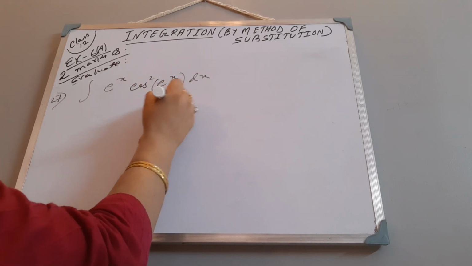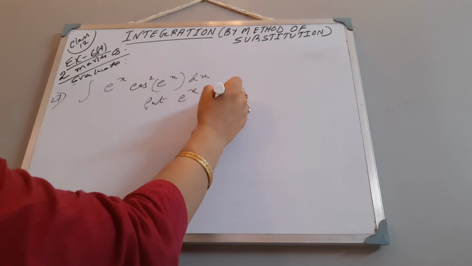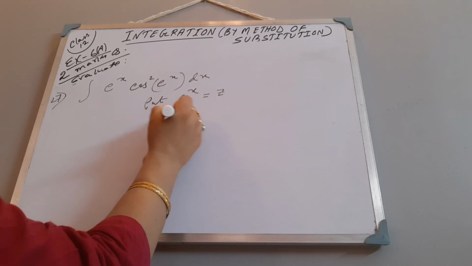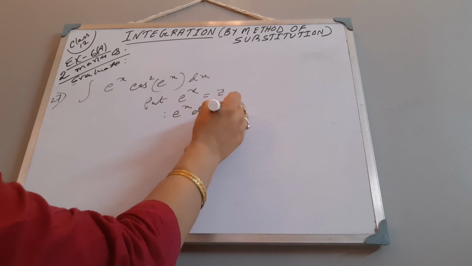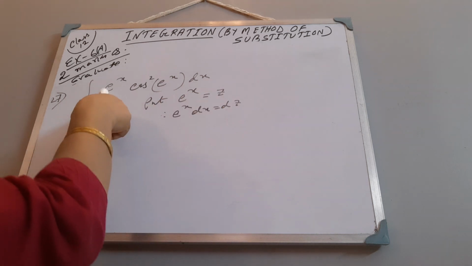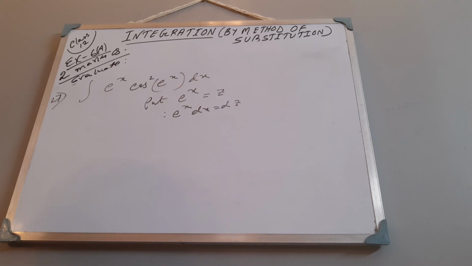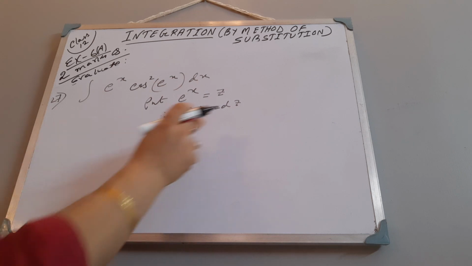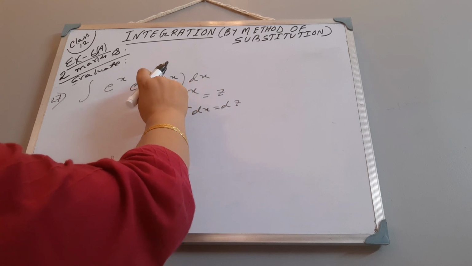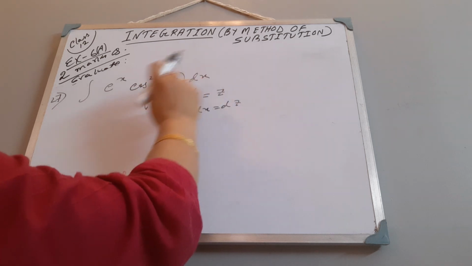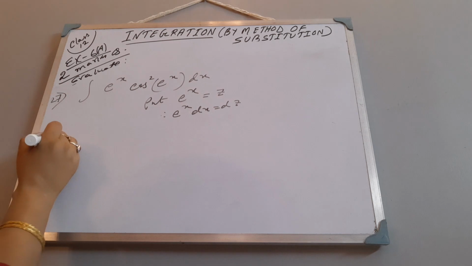Now put e to the power x equals z. Therefore e to the power x dx is equal to dz. Now e to the power x dx is existing there, instead of that directly we will put dz, and in cos square (e to the power x), instead of e to the power x we will put only z. So it is coming cos square z.